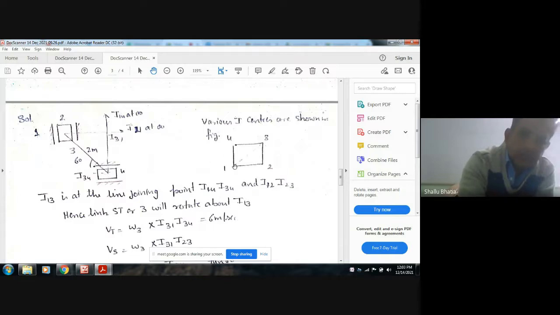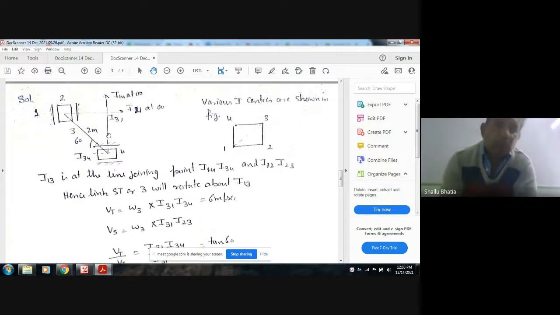Now if you want to find I13, we have to join line 1, 2 and 2, 3, and line 1, 4 and 4, 3. Then we will get I13.